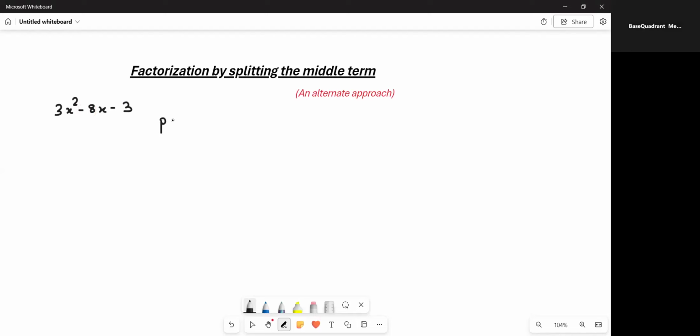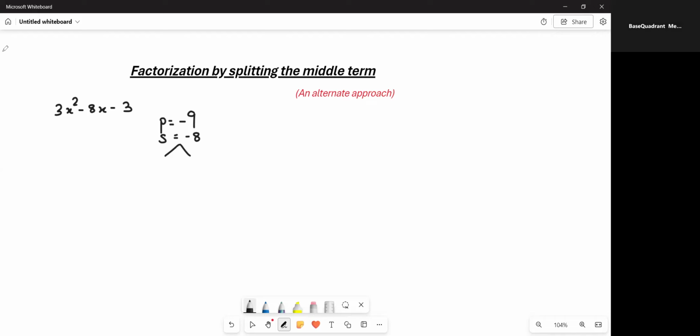So, product is minus 9 and sum is minus 8. So, we have to find two numbers here whose product is minus 9 and sum is minus 8. So, which are those two numbers? That is the question.